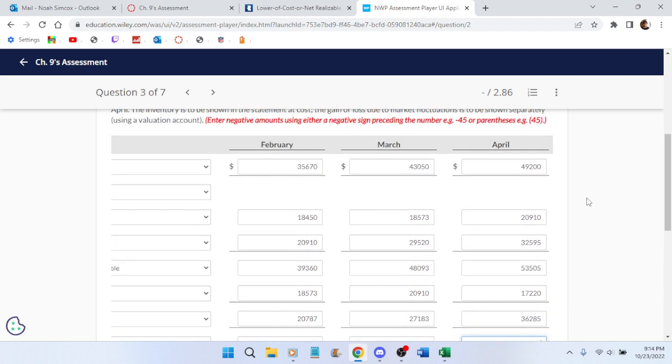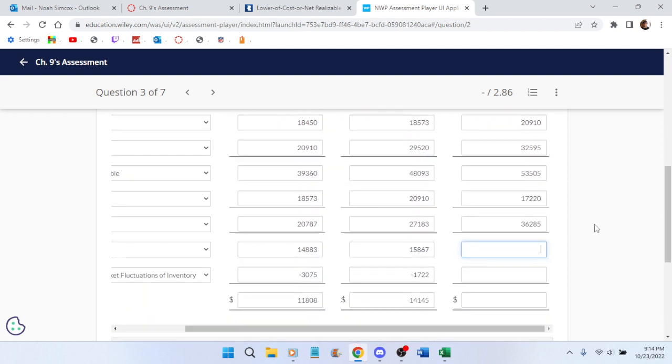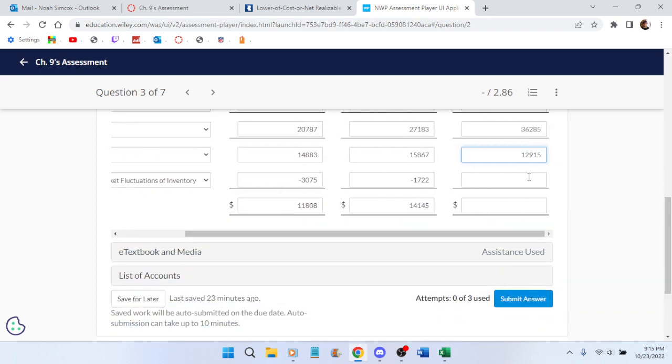So your gross profit is 49,200 minus 36,285, which is 12,915.